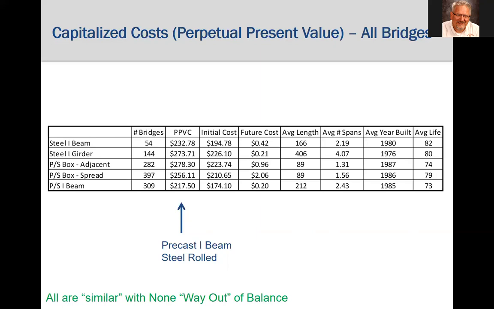Number of spans, along with the average length of the bridge, has a significant impact on costs. And that's why the report looks at all of these variables. In a couple of slides, we will examine a more consistent set of bridges based on span length for a more consistent comparison. And of course, the full report examines these different variables in depth.